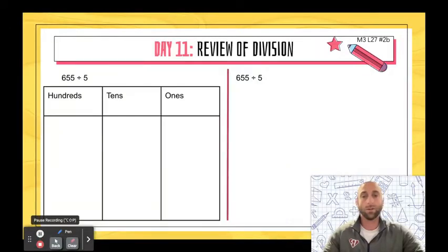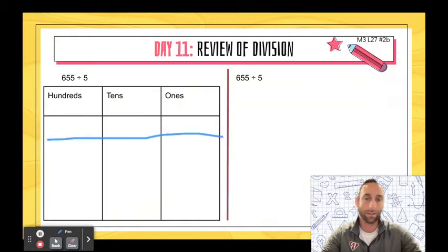Okay, so in order to begin this problem using our number disks, we're going to have to create a little place value chart. So we have the hundreds, the tens, and the ones. Once we have this, we can draw one other line horizontally across, and I'm going to start to mark all of what I need.